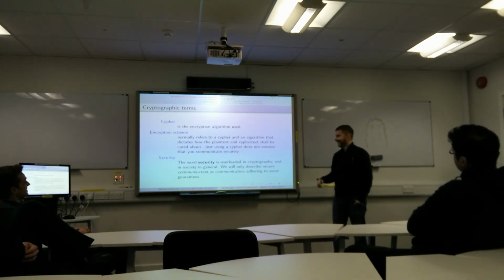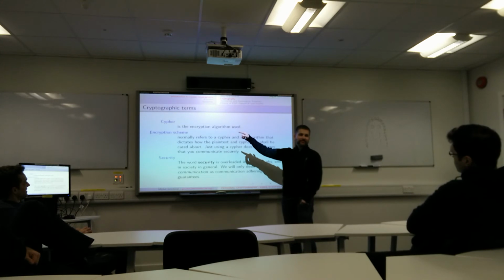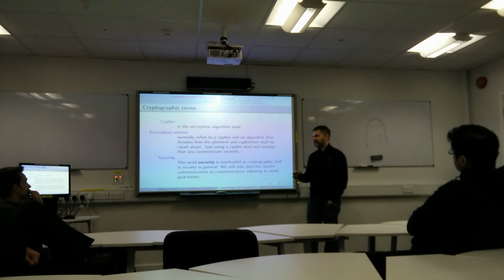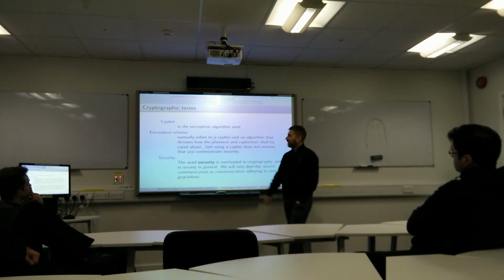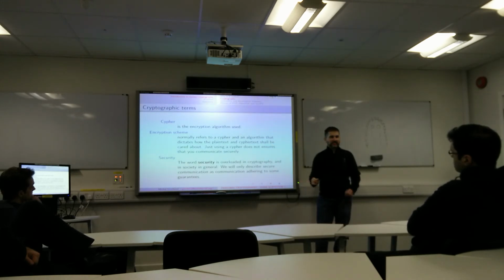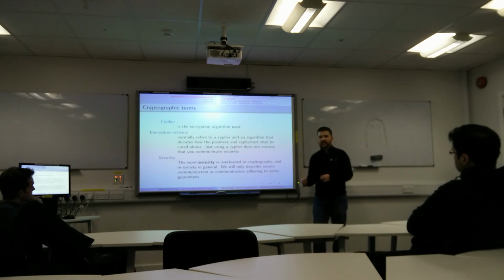Cipher. Often people call that the algorithm. So I am using the ICE cipher, or the DES cipher, or the RSA cipher. RSA is not really a cipher, it's an encryption scheme. Because if you say I am using an ICE cipher, ICE is a standard, it's not telling you much.